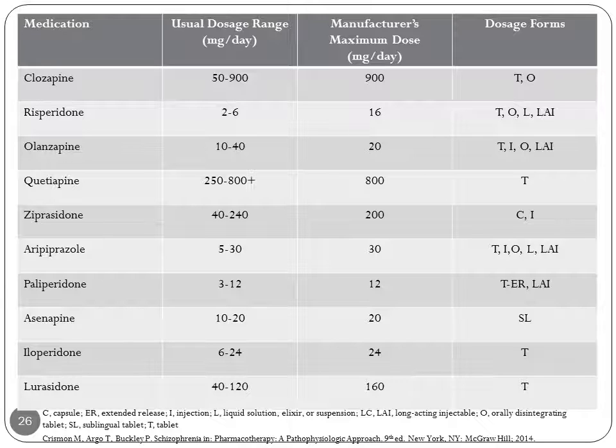Quetiapine is often dosed above the manufacturer's maximum recommended dose. I've often seen doses up to 1,200 milligrams per day. I also want to highlight that several of these agents are available in long-acting injectable formulations. We have risperidone, olanzapine, aripiprazole, and paliperidone that are available in long-acting dosage forms.